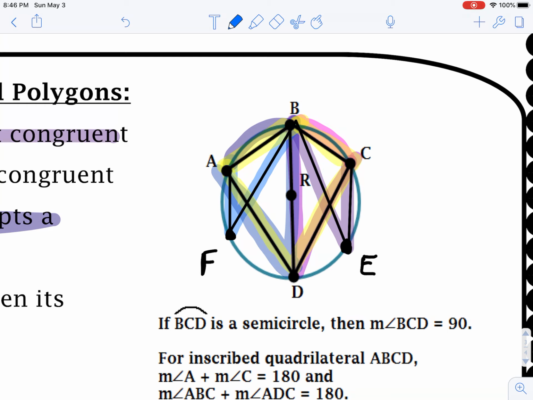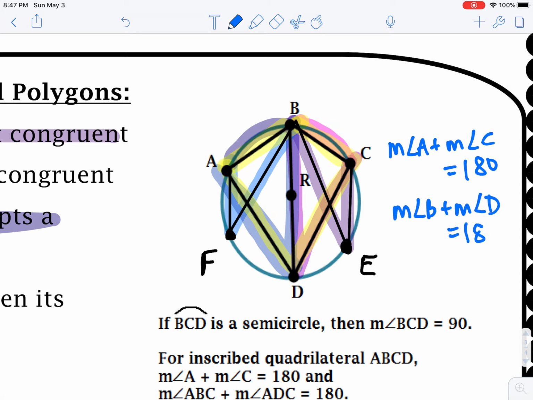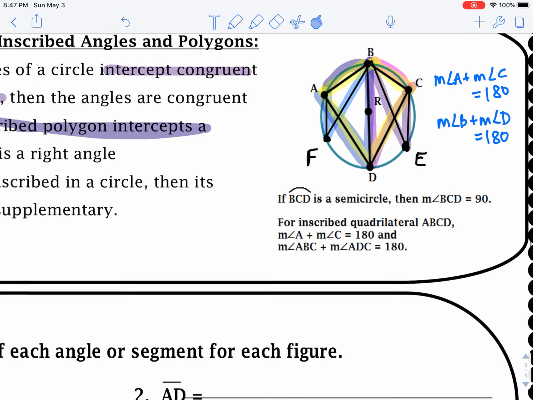What it's saying is angle A plus angle C would equal 180, and angle B plus angle D would equal 180.